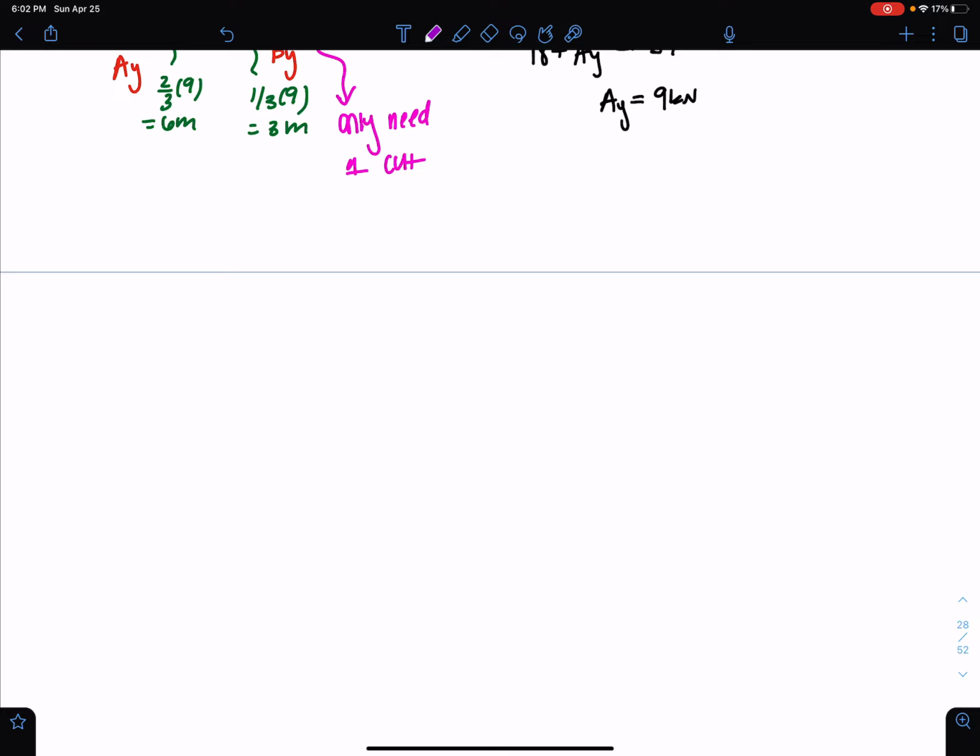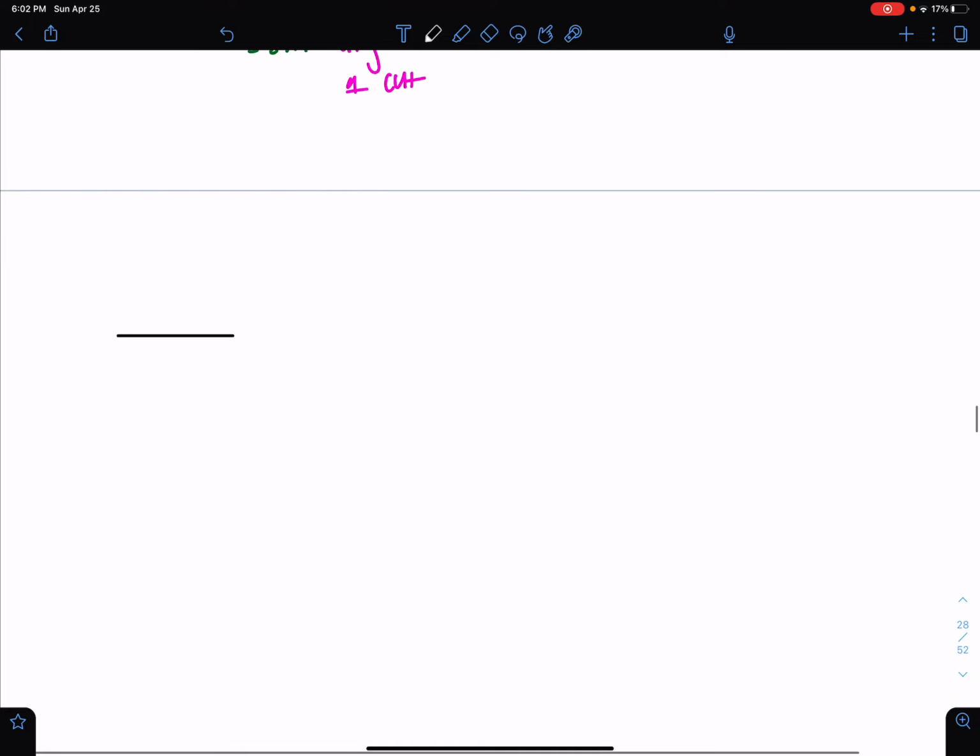Okay. So let's go ahead and make that cut. This is the beam. We still have the loading on top, so this is the loading. This is the triangular distributed load here.